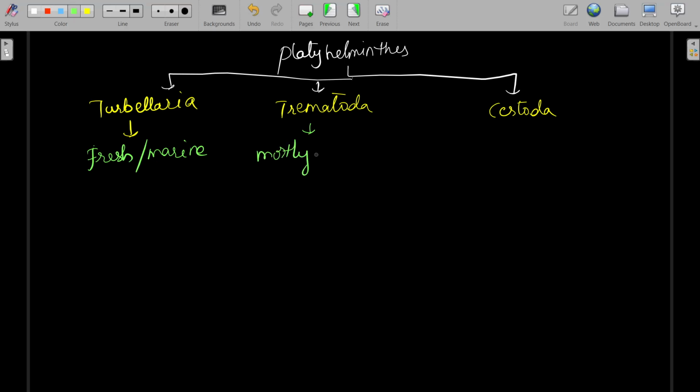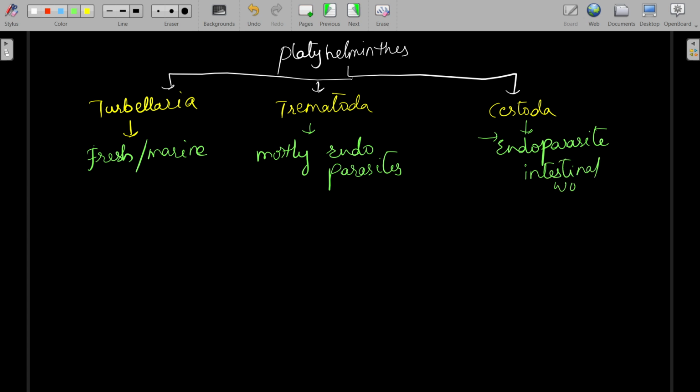And Cestoda are endoparasitic intestinal worms. Next, these Turbellaria worms are also called eddy worms.